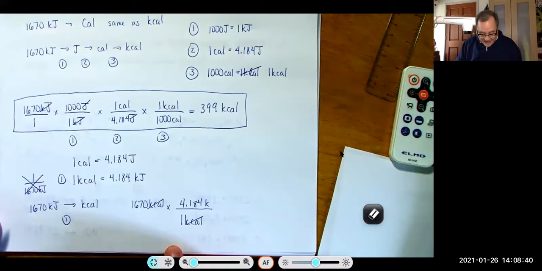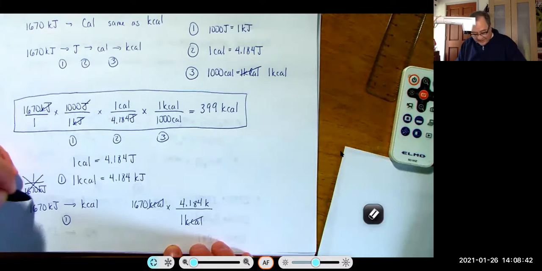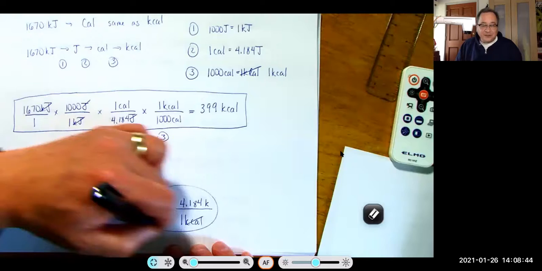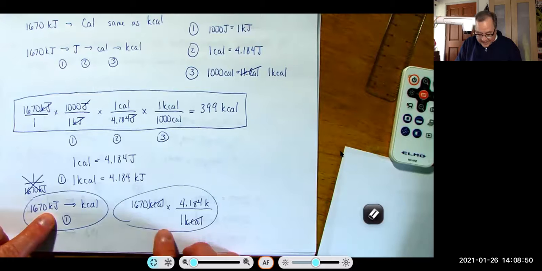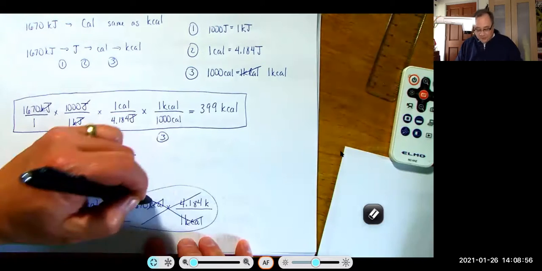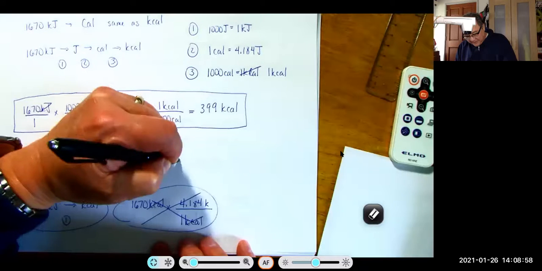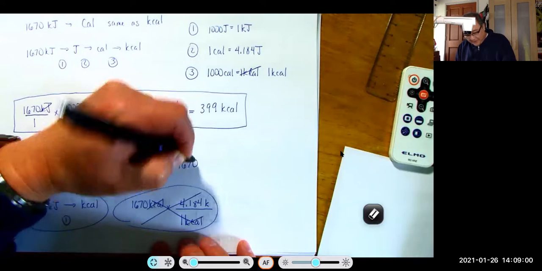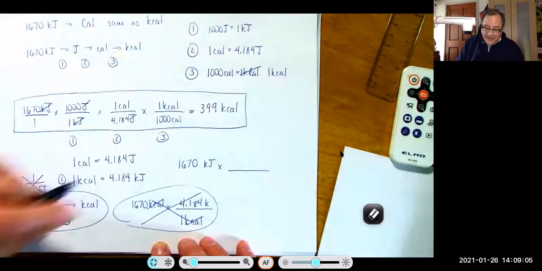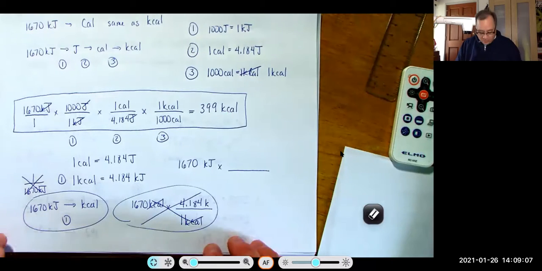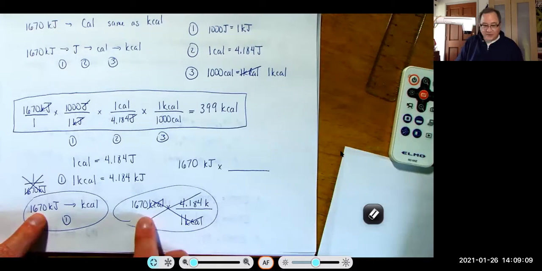Do you see the mistake I made between here and here? Who saw it? We're converting kilojoules to kcals. I wrote 1,670 kcals. So what lesson have we learned here? Well, 1, Tony's not perfect. And 2, we need to pay attention to what we're writing and make sure we're writing it down correctly.